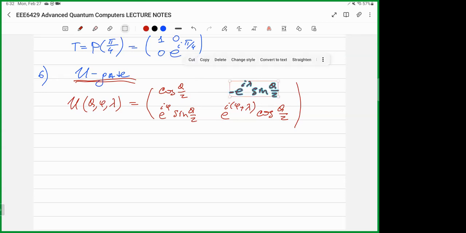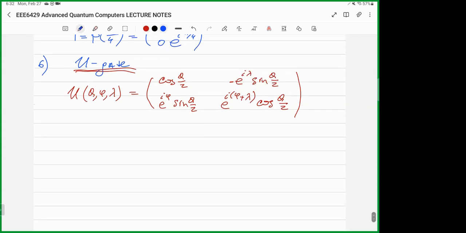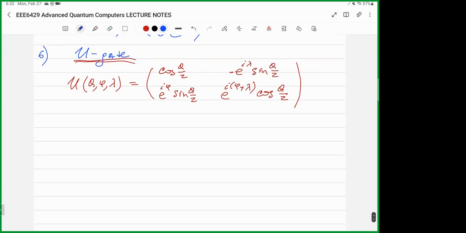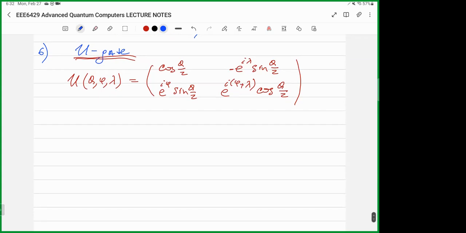So this matrix basically takes into account all gates, all matrices that we discussed so far. So this is the most general single qubit gate.